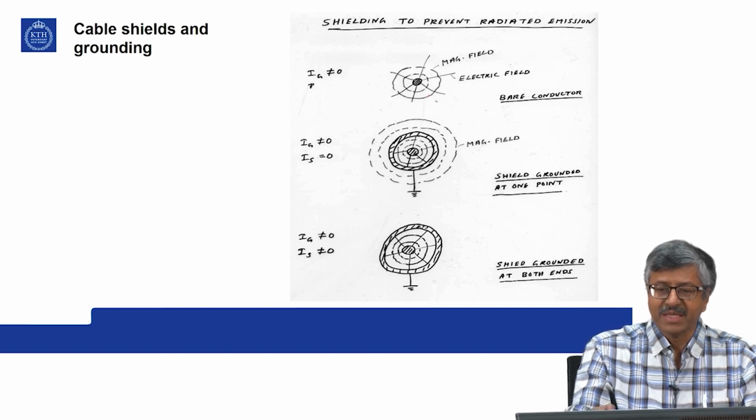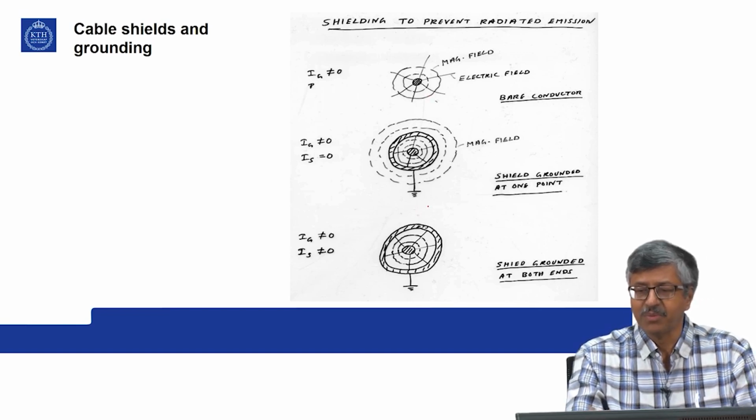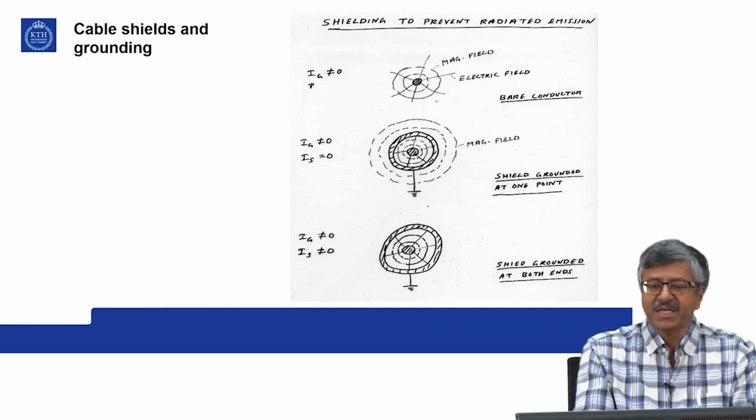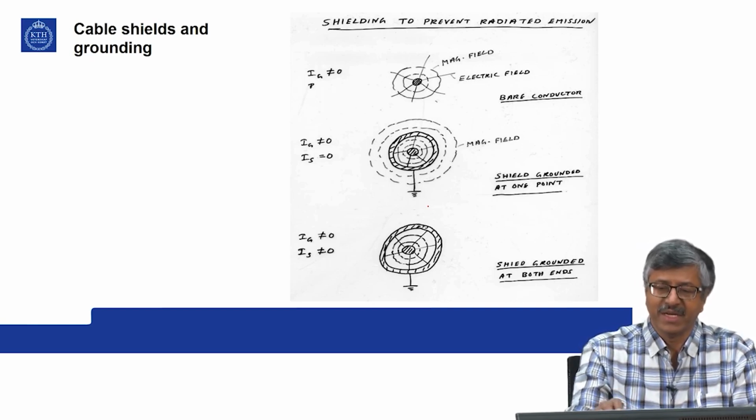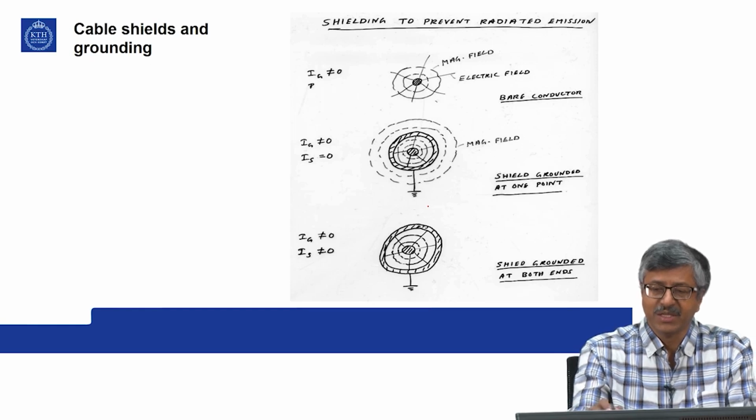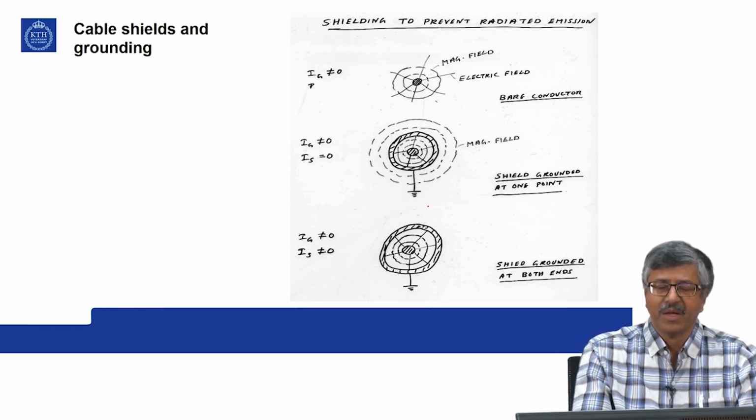But in the second case, the shield is connected to the ground at one point, then at least you are shorting out all the electric field and only the magnetic field is penetrating outside. Still there is no shield current. But in another case, both ends of the shield are connected.